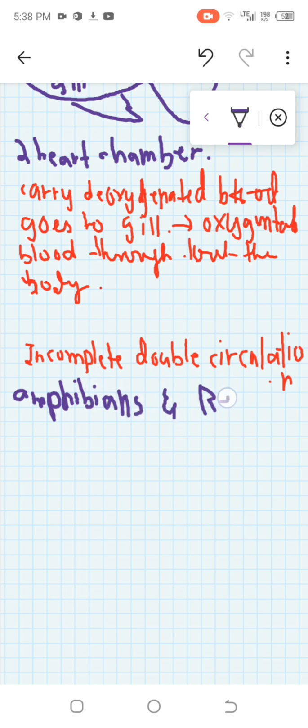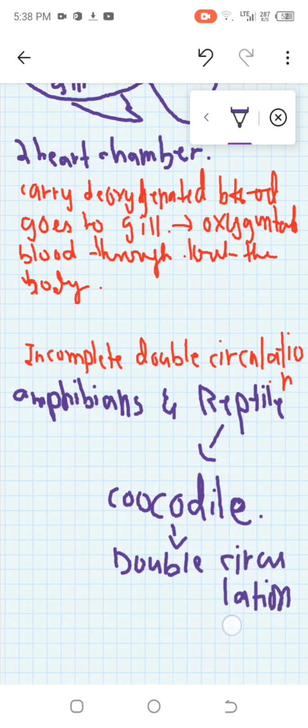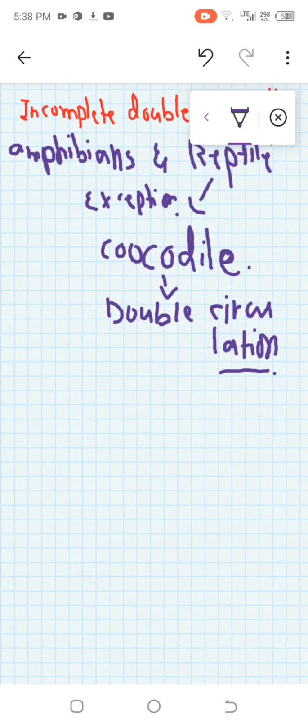But there is a common reptile, the crocodile, in which double circulation takes place, not incomplete double circulation. Except for this reptile, all other reptiles have incomplete double circulation. So here we have an exception.